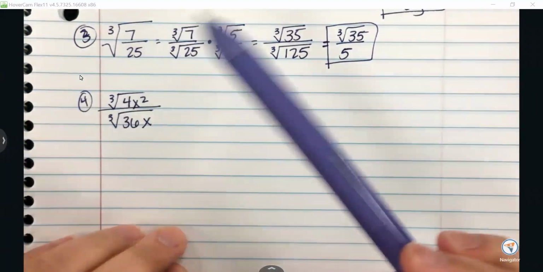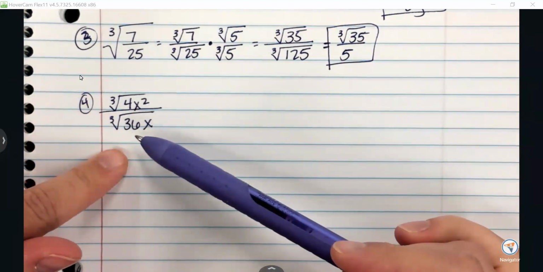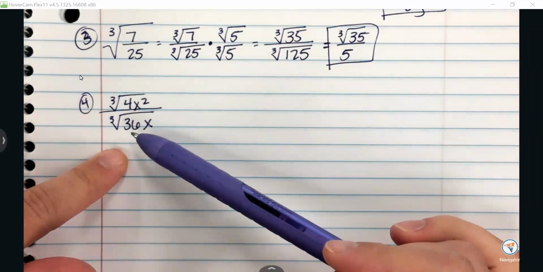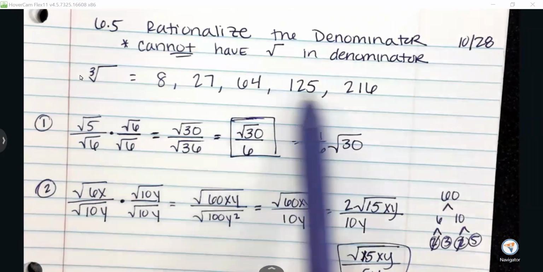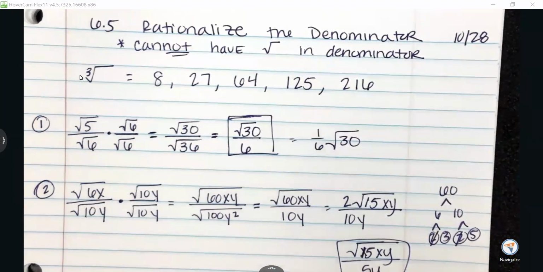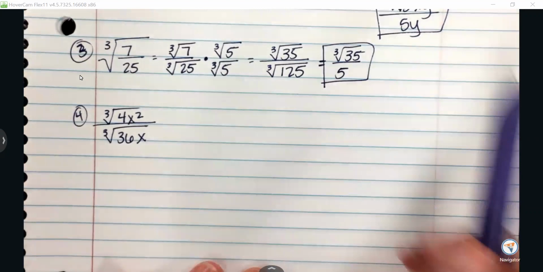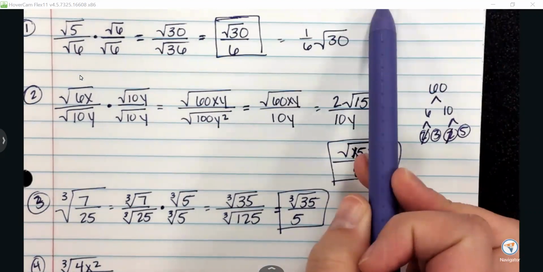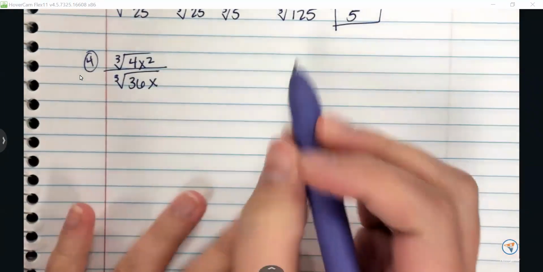I could simplify and get 1/9, or if I know that 36 times something gives me a perfect cube, I could do that as well. That's your choice. So I know that 36 times something will give me 216. 36 times what will give me 216?